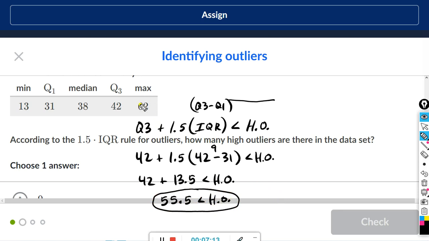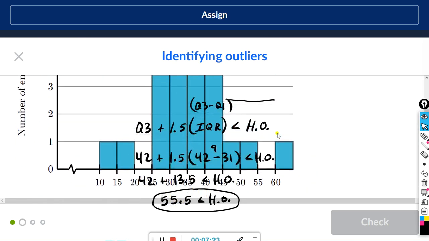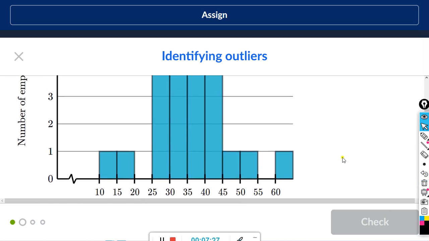I can see already we have at least one because the maximum is 62. Let's see how many we have greater than 55.5. I'm going to have to erase this here. Greater than 55.5 would be in this section here. There's none here. Then this section here is greater than 60, and that is just 1.